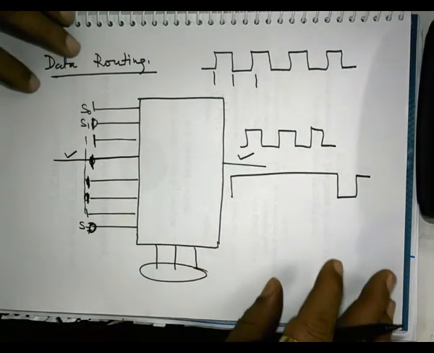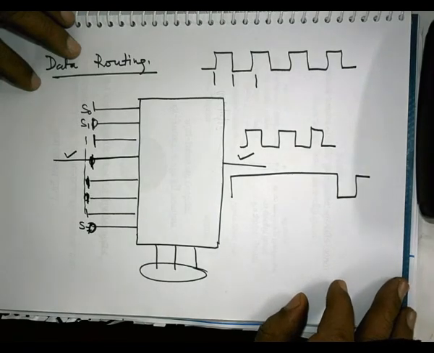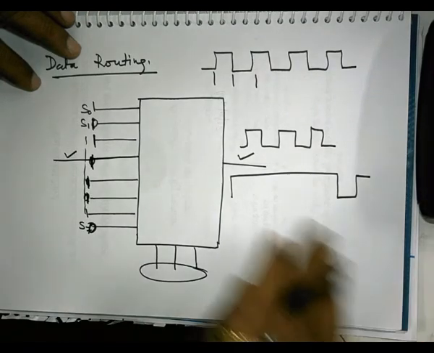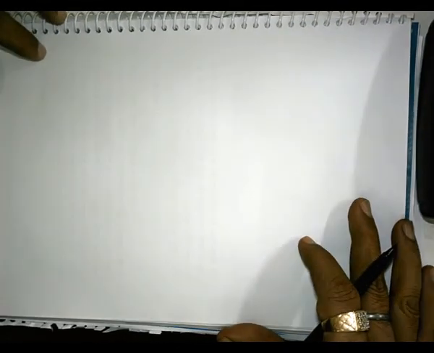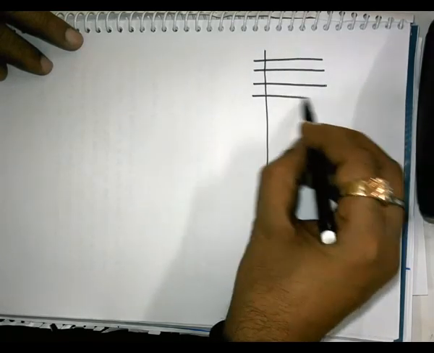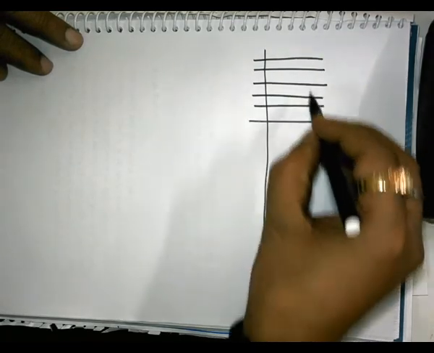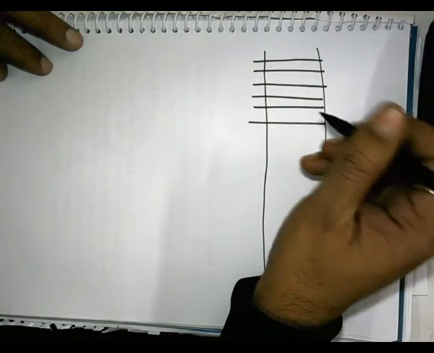Now this can also be used for parallel to serial data conversion. Suppose in your computer-like unit, computer memory is arranged in byte pattern, meaning a certain location contains 8 bits of data.